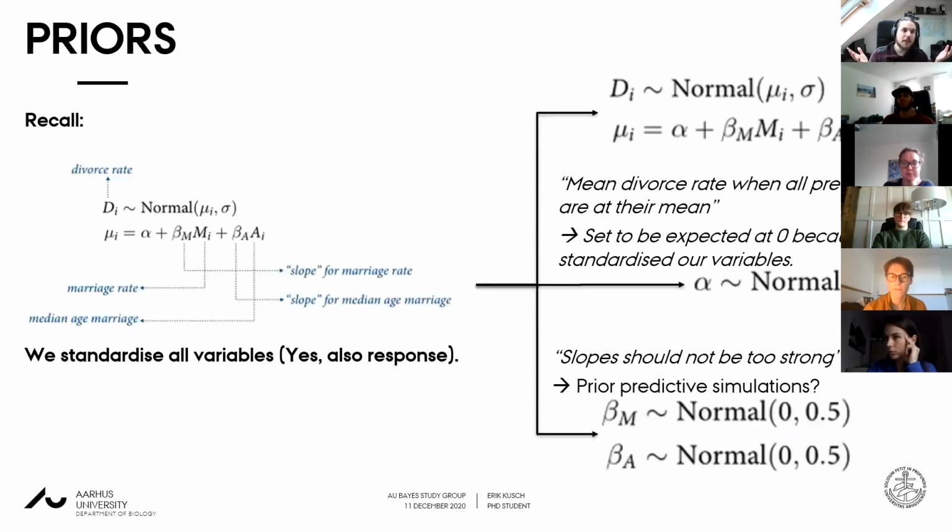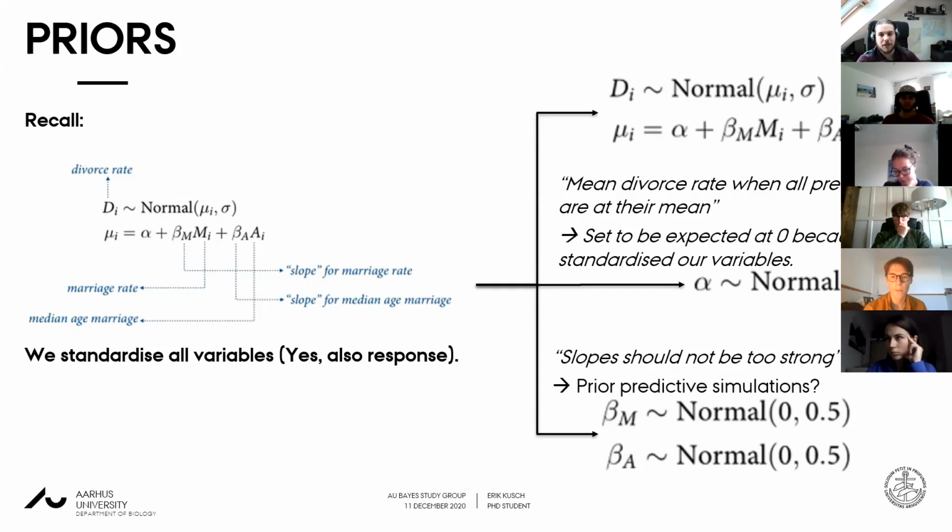Now, once we have settled on wanting to run a multiple regression, again, we need to define some priors. And going with this example here, for me, it became a bit clearer why we standardize variables as often as we do following the Statistical Rethinking book. Because what we do here is, again, we standardize all of the variables, and that makes setting our priors somewhat easier when we are not quite sure of how the system acts.